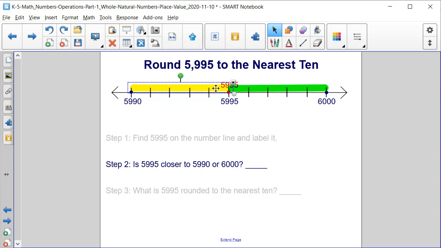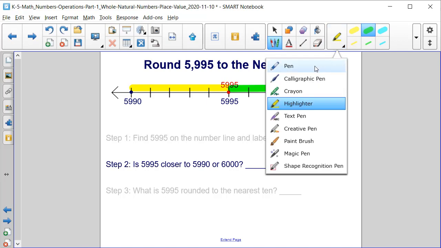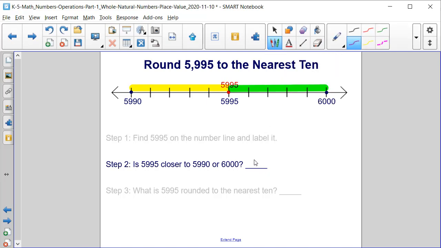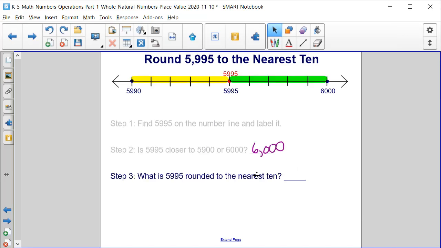And if we notice, each one of these is about 5 units long, so it's directly in the middle. And when this occurs, because it's 5, the rule is to always round up. So therefore, it's going to be closer to 6,000. So what is 5,995 rounded to the nearest 10? It ends up being 6,000.